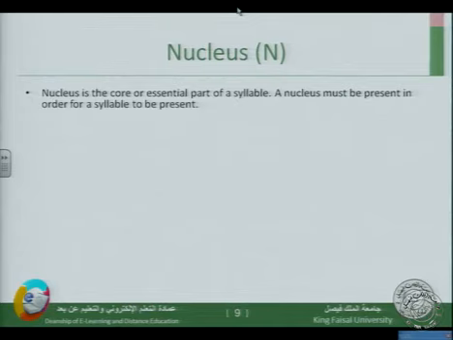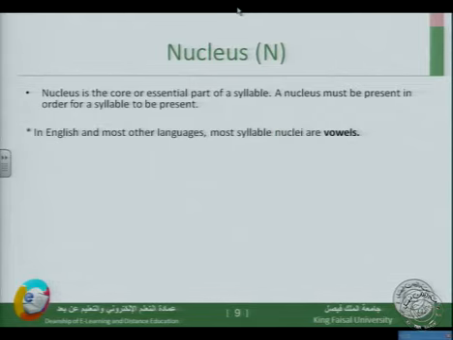هو الجزء الأساسي في كل مقطع صوتي. هذا هو النيكولاس. And it must be present in order for a syllable to be present. In English and most other languages, most syllable nuclei are vowels. مرة ثانية.